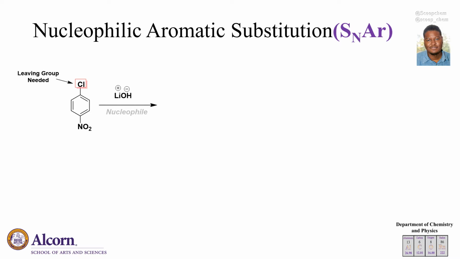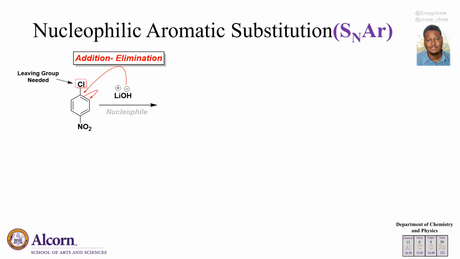All right, so this mechanism is unique because we're going to do an addition then elimination step to overall gain a substitution. The first step is that the nucleophile is going to attack the carbon that has the chlorine. Instead of the chlorine breaking at this step, the pi bond has to break.